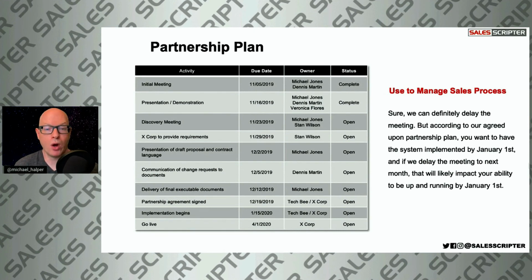So either A, we don't push the meeting a month, or B, we need to adjust the partnership plan and change the go live date, and then work with the prospect to figure out what they really want to do. Maybe they genuinely need to move it a month and they move the go live date a month. But most likely, if they agreed on the partnership plan, when they start to see the impacts there, you may be able to get around them kicking the can down the road and get them to move forward.